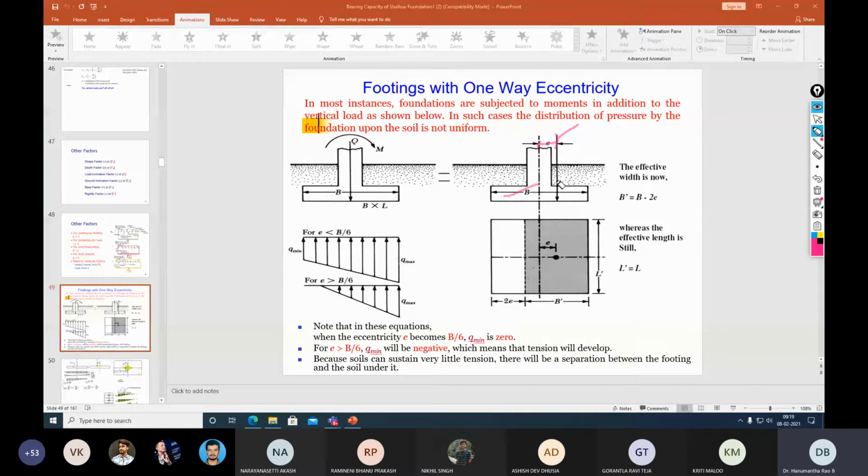Now this eccentricity causes, in addition to the axial load, a moment on the footing. So if you try to draw the free body diagram of a footing with one-way eccentricity, this is how it looks, where there is a load Q with a moment M. This M can be defined as Q multiplied by e, the axial load multiplied by the eccentricity. That means we are transforming the original condition into a fictitious condition.